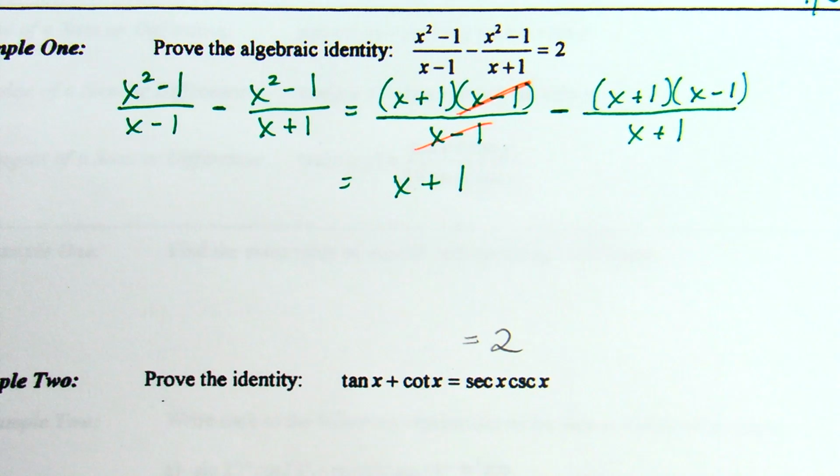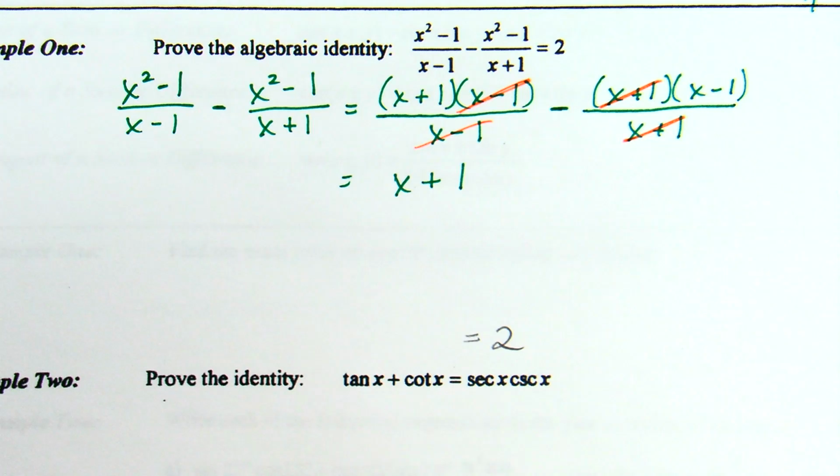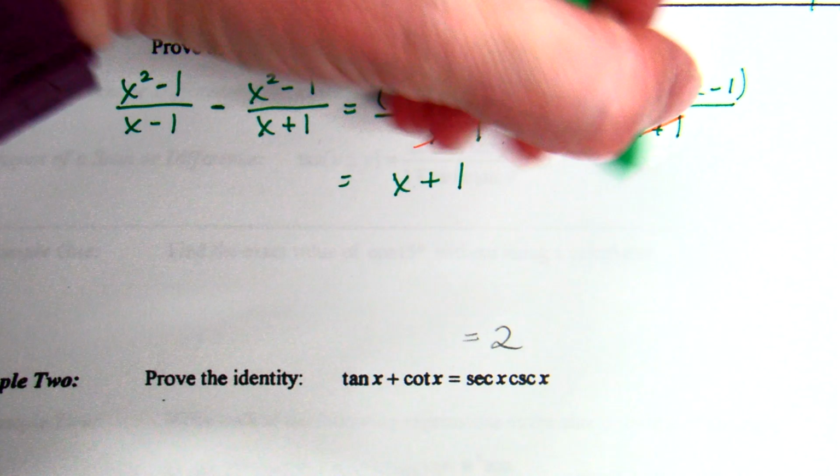In the second fraction, what happens? A factor of x plus 1 cancels, correct? Leaving us with x minus 1. What are we doing with that x minus 1 though? We are subtracting it. So I'm going to say minus the quantity x minus 1.